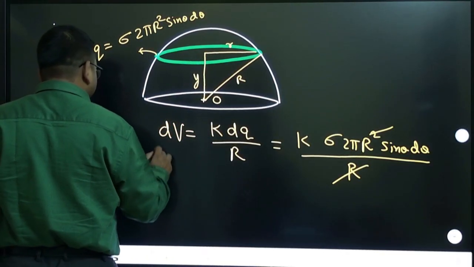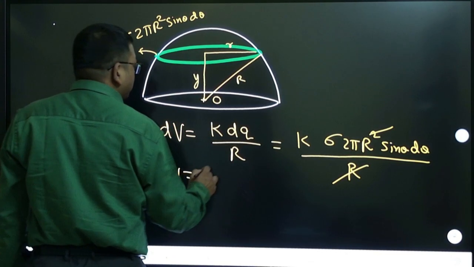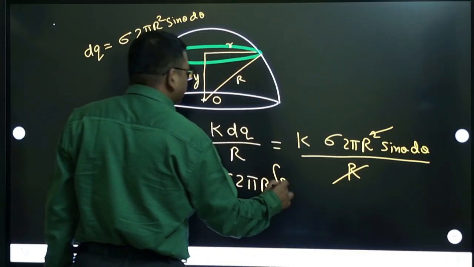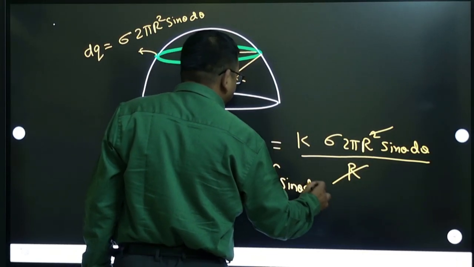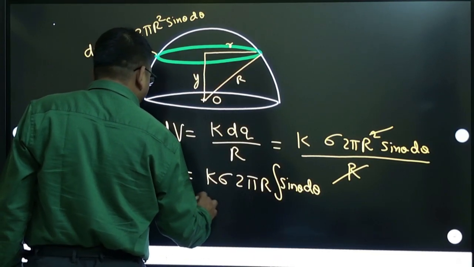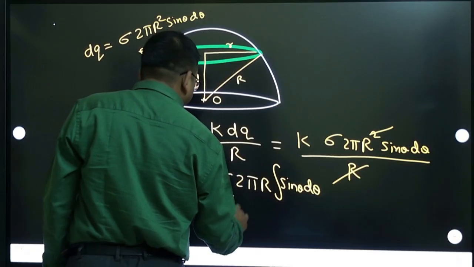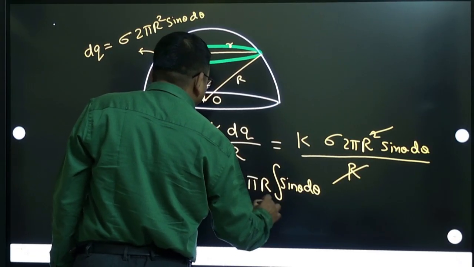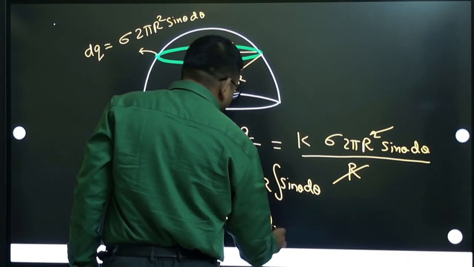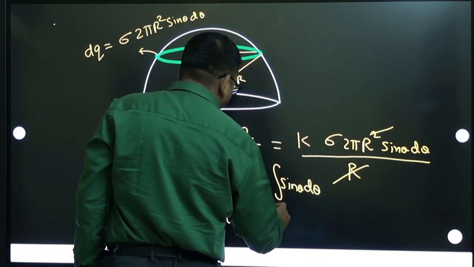So the total potential is the integration of dV. K sigma 2 pi r comes out. You just have to integrate sin theta d theta. The integration of sine becomes minus cos, and theta goes from 0 to 90 degrees, that is pi by 2.